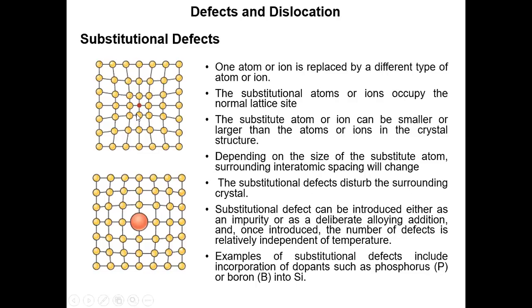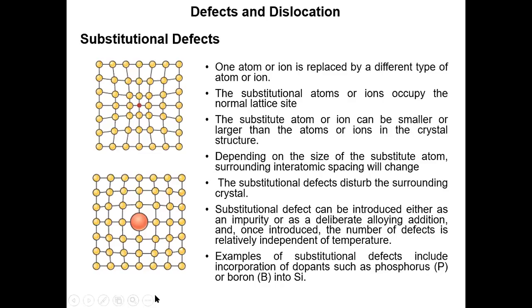That means the crystal structure is disturbed. Here it's a large atom, so there is a kind of expansion. The interatomic spacing changes because of these substitutional defects. The substitutional defects disturb the surrounding crystal.